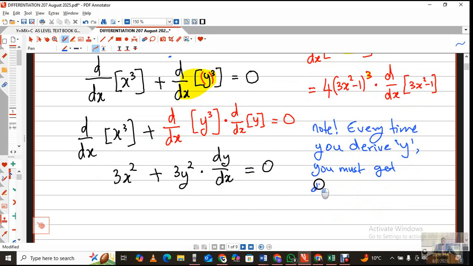You must get a dy dx on account of the chain rule.